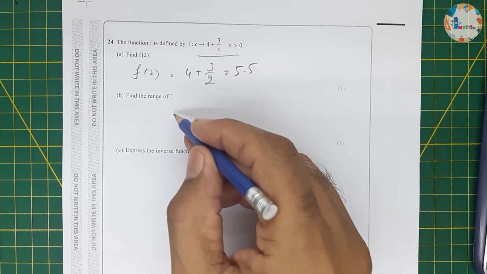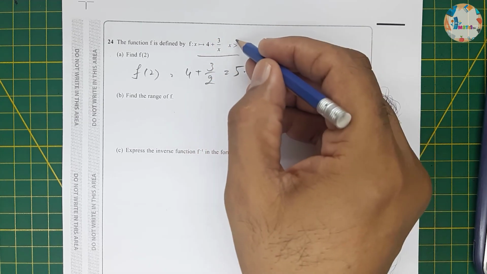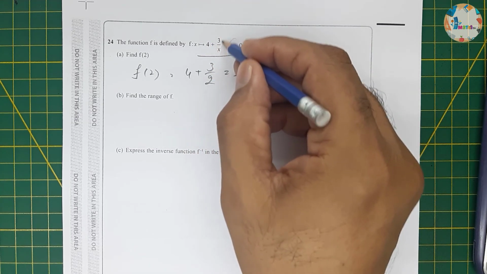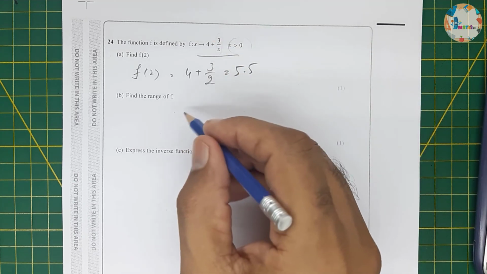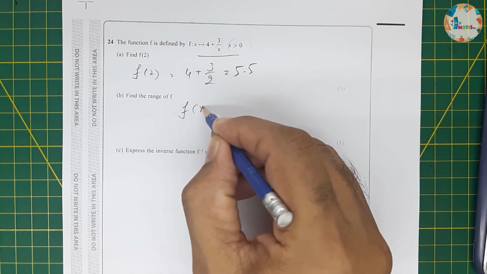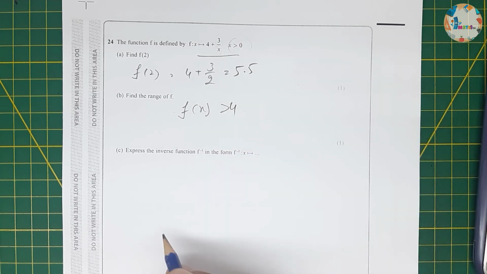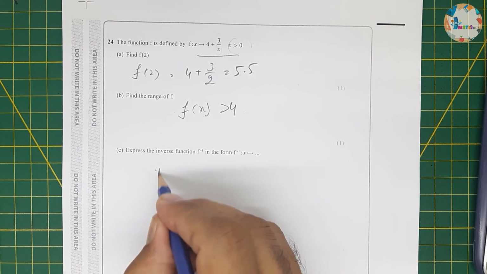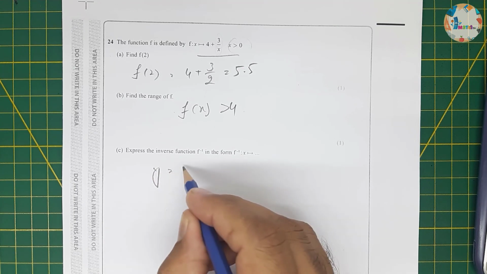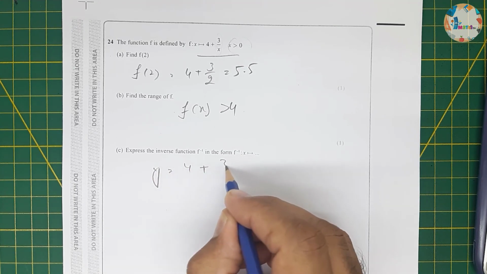Because x is greater than 0, so this will be a positive value, so we can write f of x is greater than 4. Now express the inverse function f inverse in the form f inverse of x. So we can write y is equal to 4 plus 3 over x.